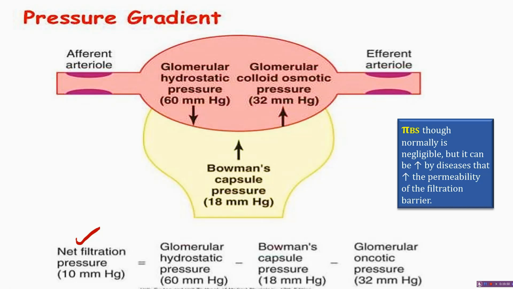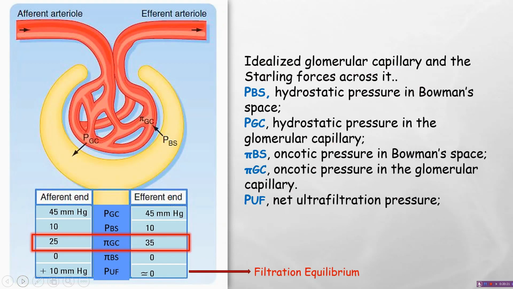So the oncotic pressure can be neglected, but in certain situations which increase the permeability of the filtration barrier, proteins leak into the Bowman's space, so then the Bowman's space oncotic pressure increases. But in a normal situation, it is negligible. So only three forces are taken into account in this equation.